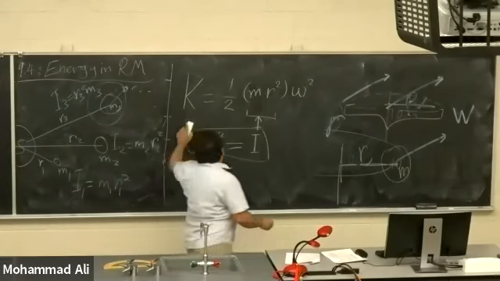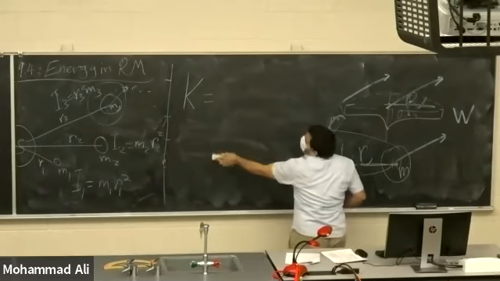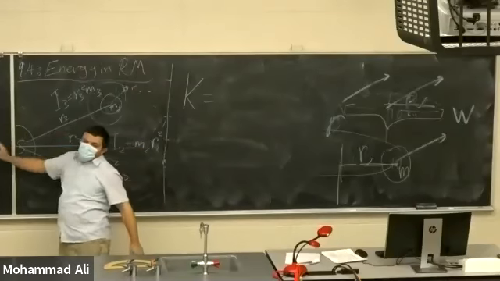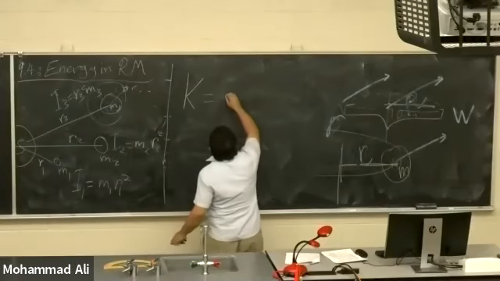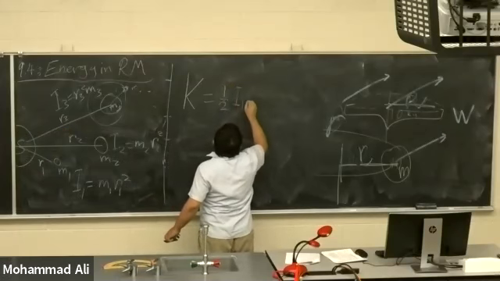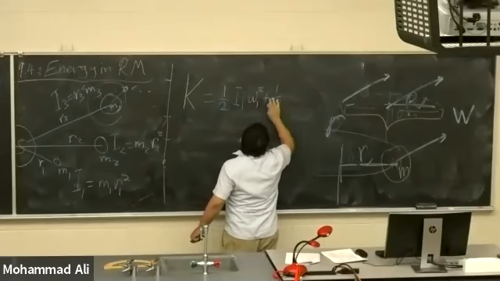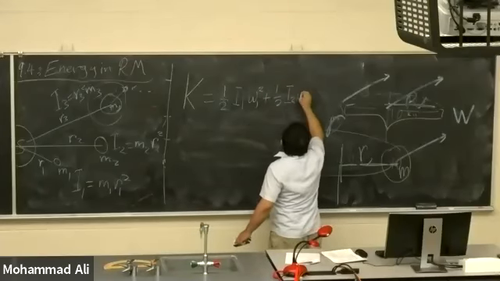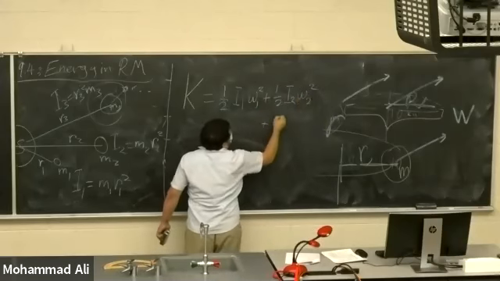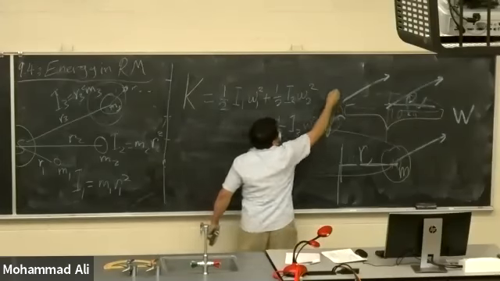And the total kinetic energy of the system, we are not computing the kinetic energy for the sun. No. It will be equal to 1/2 I1 omega 1 squared plus 1/2 I2 omega 2 squared plus 1/2 I3 omega 3 squared.